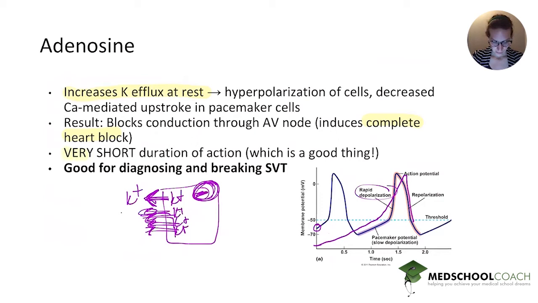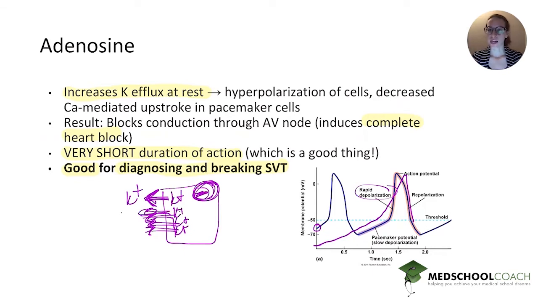That's why this has a very short duration of action. It blocks for a few seconds, and then it comes off, and the heart goes back into its rhythm. Blocking conduction through the AV node is great for diagnosing and breaking supraventricular tachycardia. Now, why is it good for diagnosing and breaking supraventricular tachycardia?